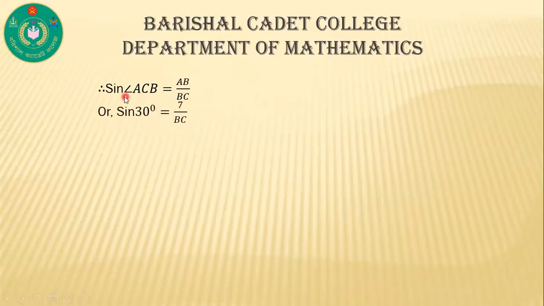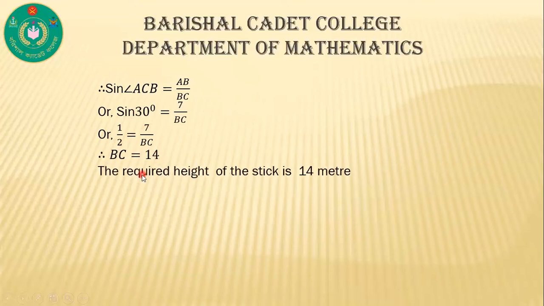Now putting the value, angle ACB is equal to 30 degree and AB is equal to 7. We know sine 30 degree is equal to half and 7 by BC. Therefore BC is equal to 14. The required length of the stick is 14 meters.